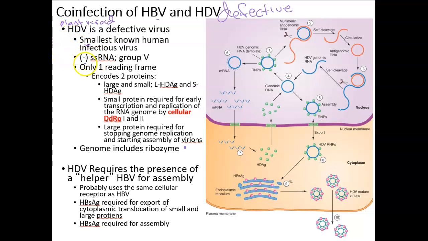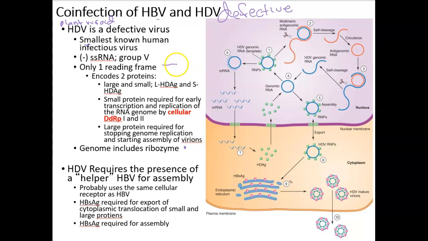It's negative sense, single-stranded RNA. It only has one open reading frame, and that open reading frame encodes two proteins, the large hepatitis D antigen and the small hepatitis D antigen. These are almost the same protein. You've got the small protein, and then for the large one, there's a stop signal that is dependent upon a host enzyme.